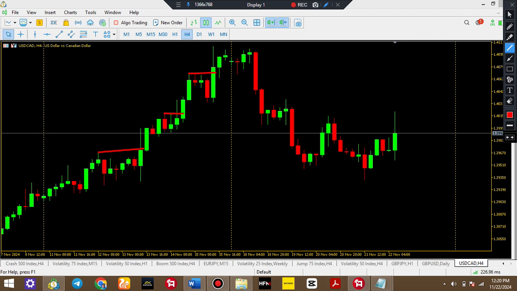So in clear terms, price is bullish in the higher time frame, the weekly and the daily, but in the 4 hour price is bearish. We are not going to be selling here. We need to be very careful, because price is bullish in the higher time frame. The daily time frame is bullish, the weekly time frame is bullish. So all we are going to be looking for is an opportunity to take a buy.